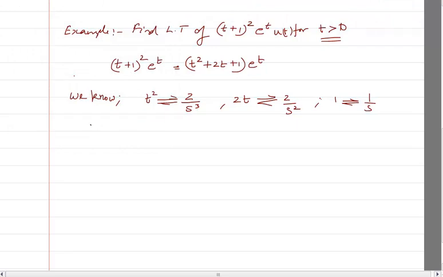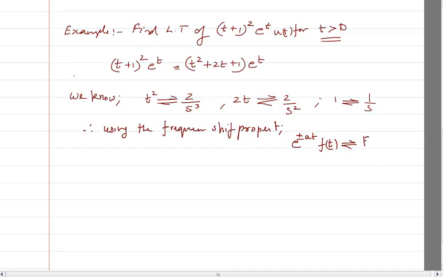Therefore, using the frequency shifting property, and we know what the frequency shift property is: e raised to power plus minus at f of t gives capital F of s. For plus it will be minus, and for minus it will be plus a.